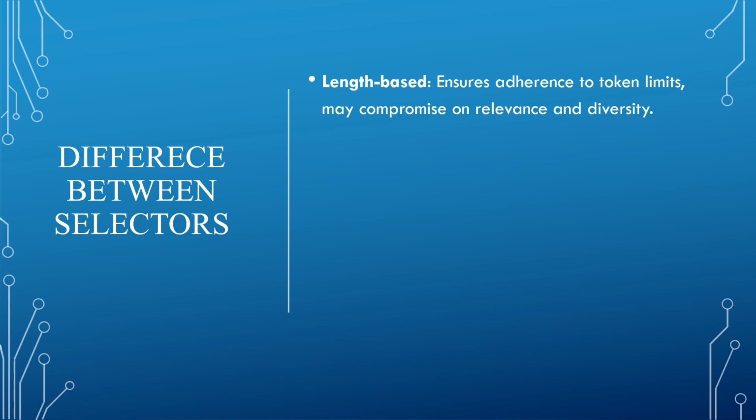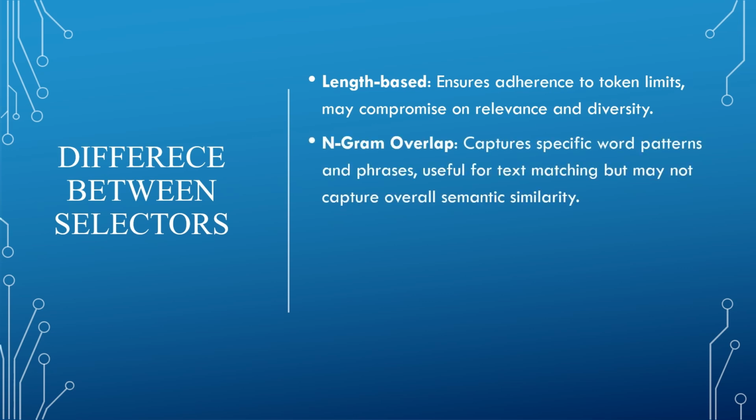However, it might compromise on relevance and diversity since the primary criterion is the length of examples. NGramOverlap selector captures specific word patterns and phrases by looking at the overlap of n-grams between the query and the examples. However, it might not capture the overall semantic similarity, focusing more on exact word matches.